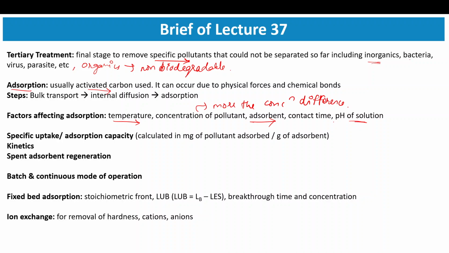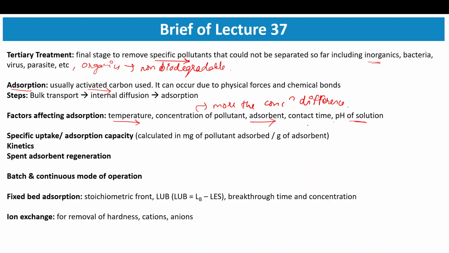For different types of pollutant that we want to remove for any process, we might use some specific adsorbents, depending on the process. Further, the amount of adsorbent that we use also determines the efficiency of the process.